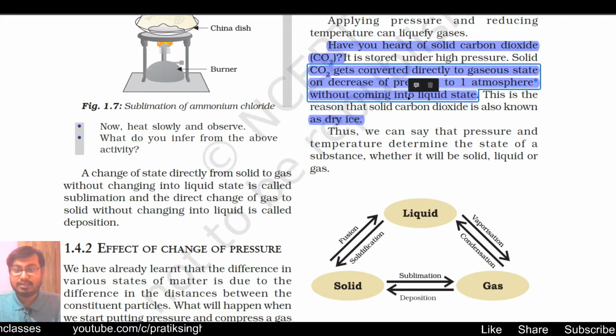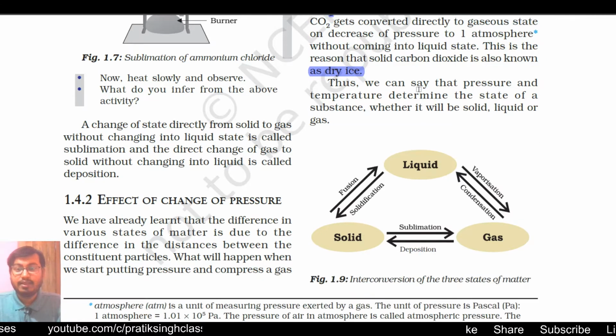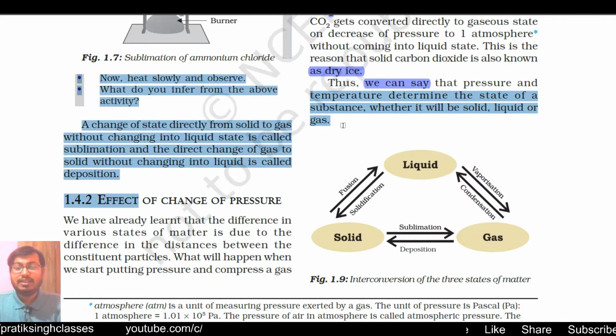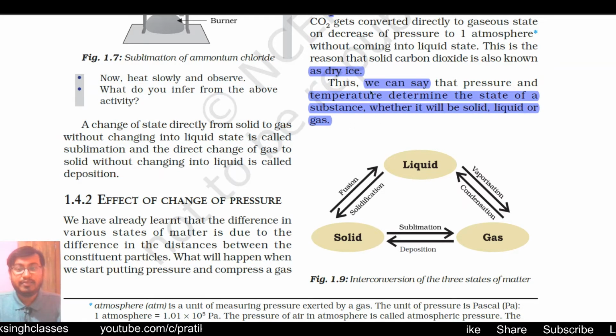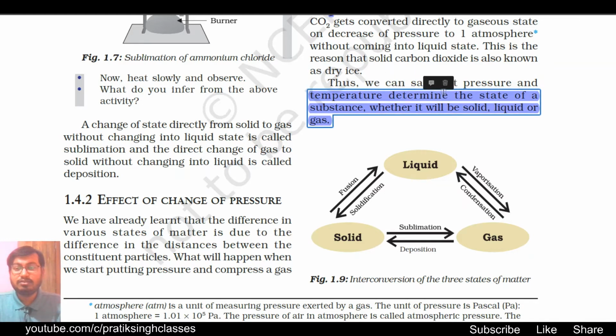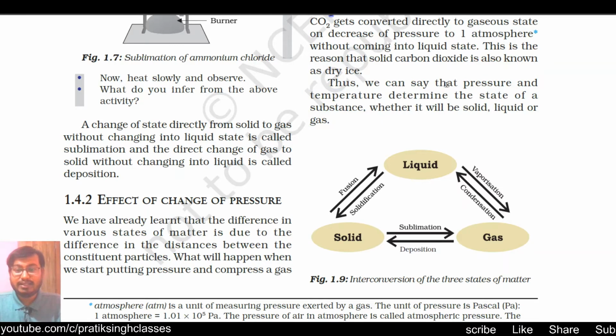As I have said earlier, pressure and temperature determine the state of a substance, whether it will be solid, liquid or gas. That means if we change the temperature, the state of matter will change, as we have seen in our previous class, and if we change the pressure also, the state of matter will change.